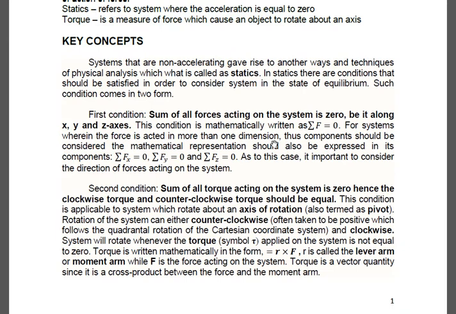Whenever the sum of all forces is equal to 0, the system is said to be in the state of equilibrium.